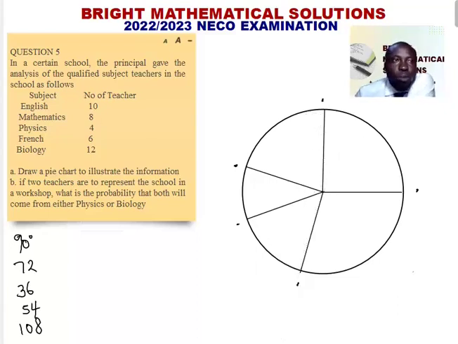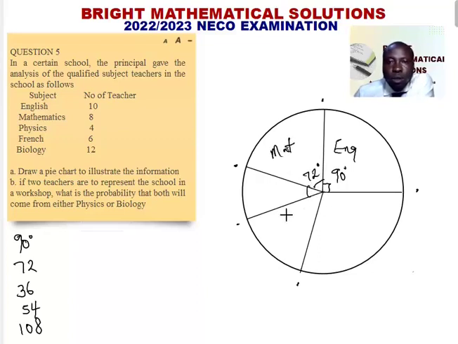So we now come here, we indicate. So this is for English, that is 90 degrees, English. So, and this is 72 degrees and that is for mathematics.